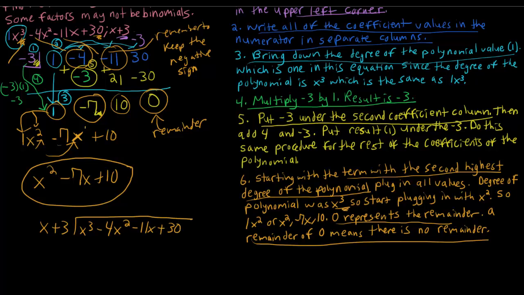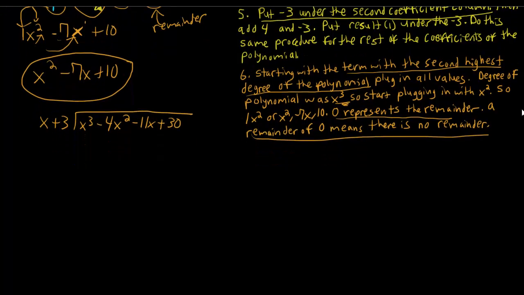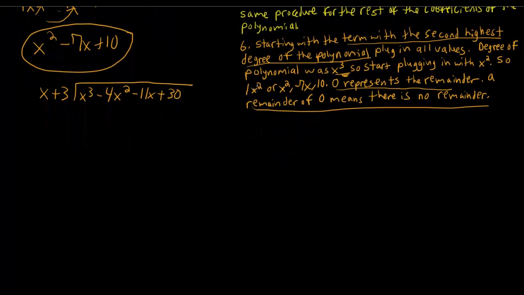Not to get too complicated with this, but to do this you would just say what times x is x to the third, it'd be x to the second, and then you'd have 3 times x squared, 3x squared, which is plus 3x squared, and then you distribute the negatives, so it'd be minus x to the third minus 3x squared.